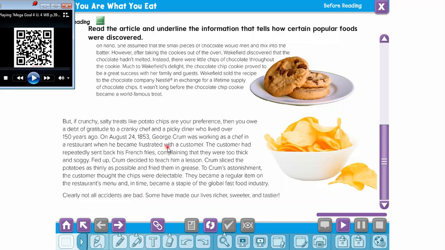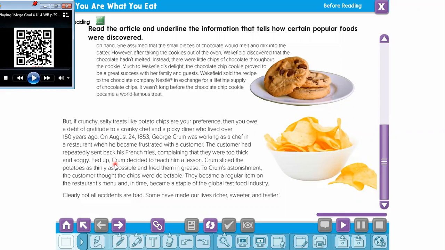The customer had repeatedly sent back his French fries, complaining that they were too thick and soggy. Fed up, Crumb decided to teach him a lesson. Crumb sliced the potatoes as thinly as possible and fried them in grease. To Crumb's astonishment, the customer thought the chips were delectable.